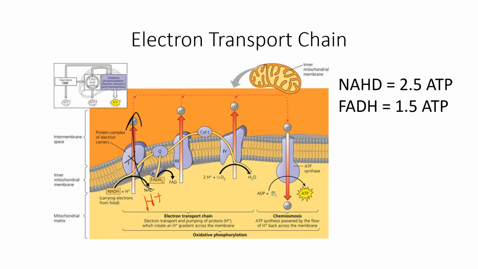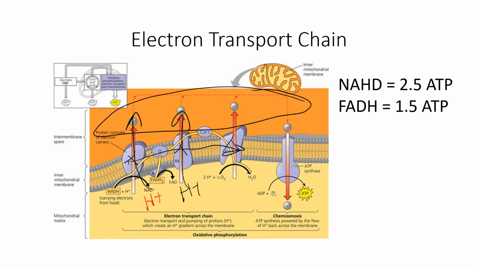Complex 1, complex 3, and complex 4 are all capable of pumping hydrogen ions. And as these electrons are passed from complex to complex, this movement of electrons gives these complexes energy that allows them to pump these hydrogen ions, again, I'm saying this repetitively, but it's important, from the matrix into the inner membrane space.